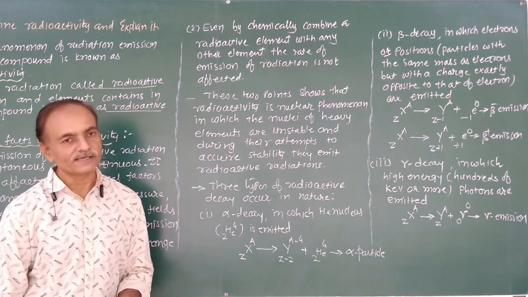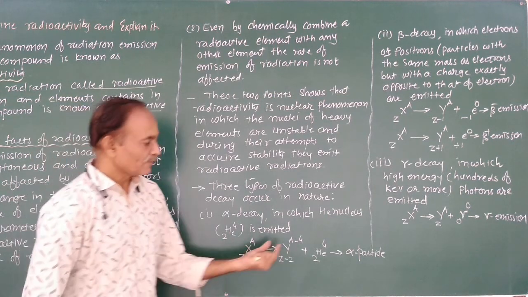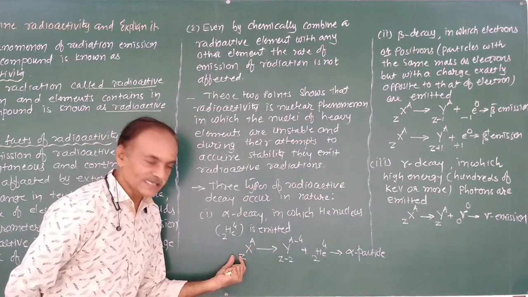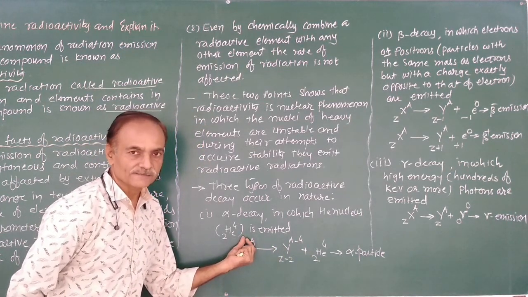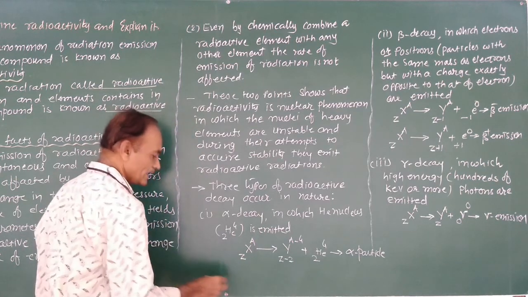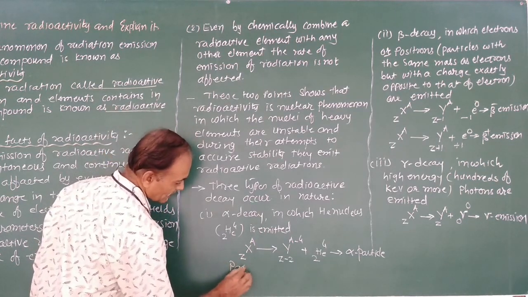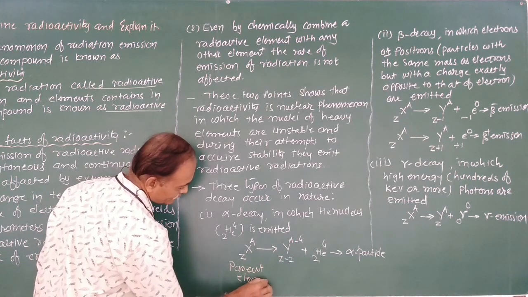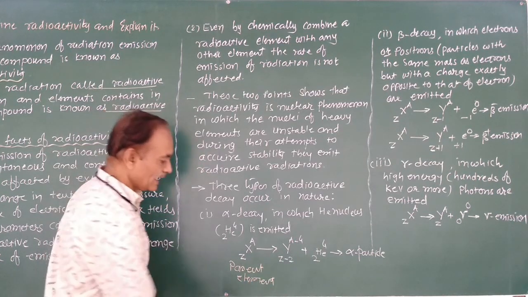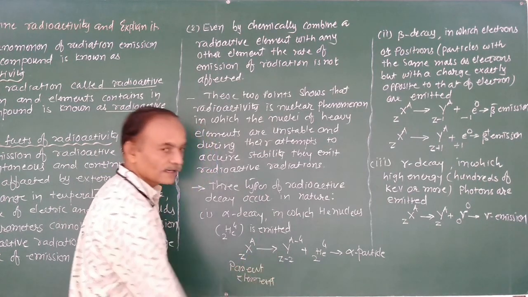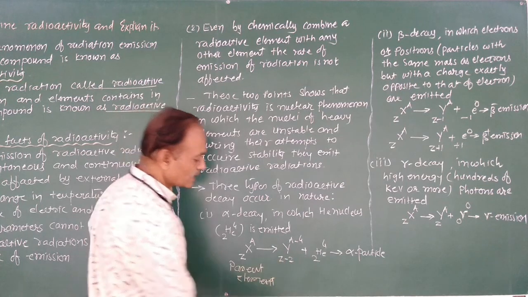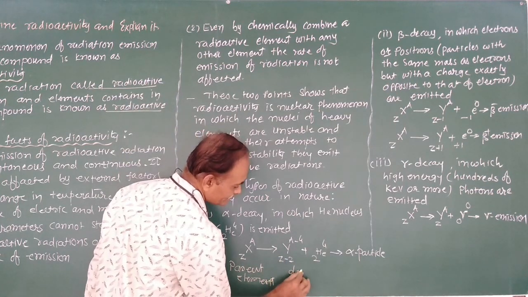Suppose, for example, one element is X, having atomic number Z and atomic mass number A. That is known as the parent element. This parent element decays, that means the alpha decay takes place and the daughter element is formed.